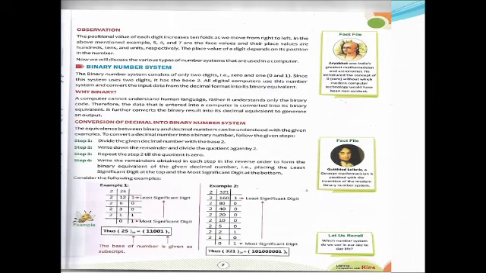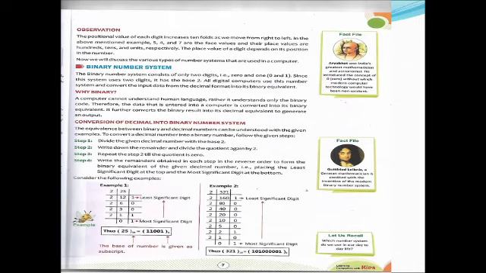How to convert decimal to binary and binary to decimal? First, write a number, then divide with base 2, for example 25 divided by 2 gives 12, remainder 1.